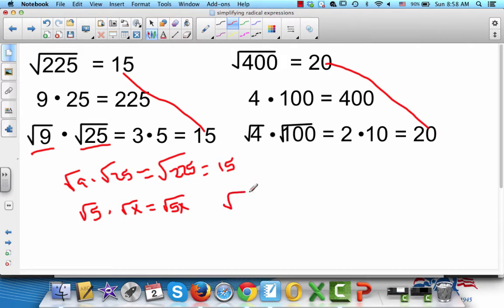Or you can go square root of a times the square root of b, and you would get the square root of ab. So it's an important concept to learn that whenever you have radical expressions and you multiply them by each other, you multiply the radicand times the radicand and get a new product on the inside.